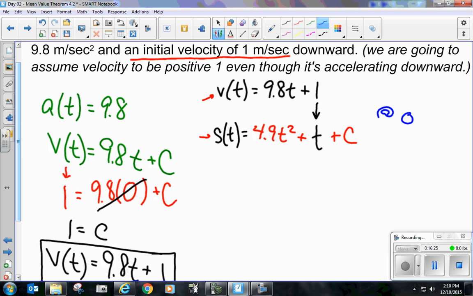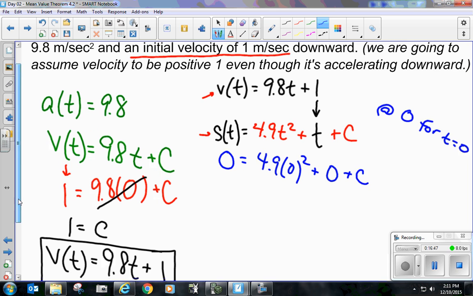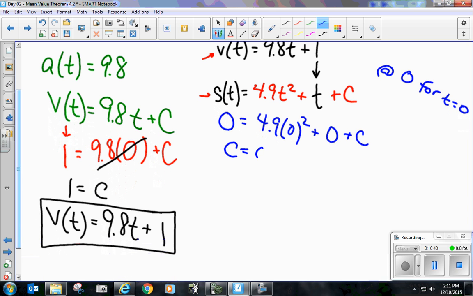So that means we're going to be at 0 at time 0. So what is C? C is 0.